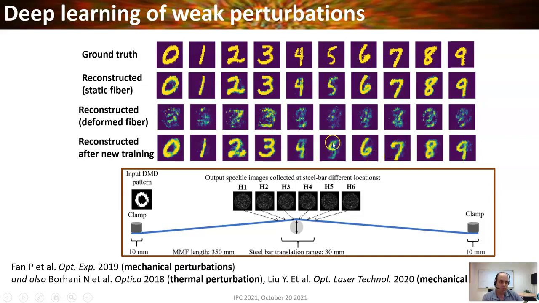So this approach worked well only for weak perturbations and for just a few different configurations of the fiber. But with the fiber piano I just presented earlier, we can quite easily train the network over hundreds of strongly perturbed configurations, and therefore hopefully find statistical invariants that will be robust and relevant for many different strongly perturbed fiber configurations.